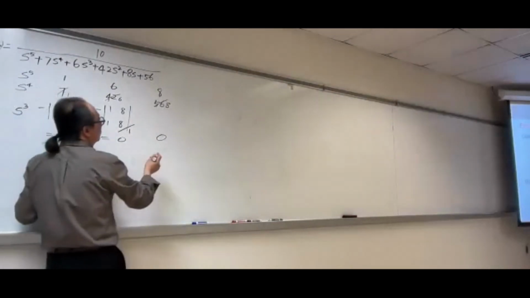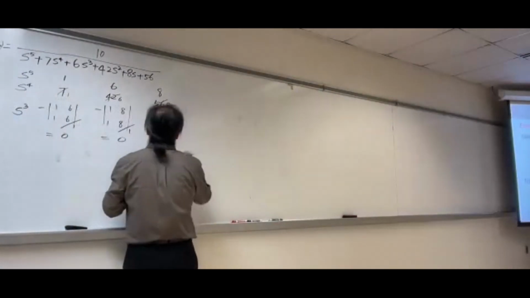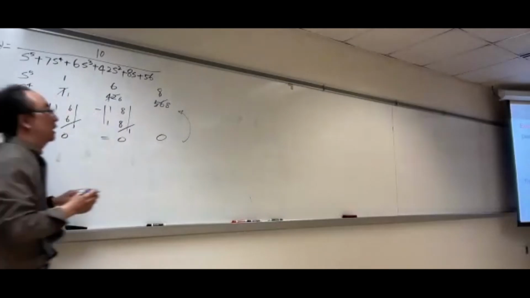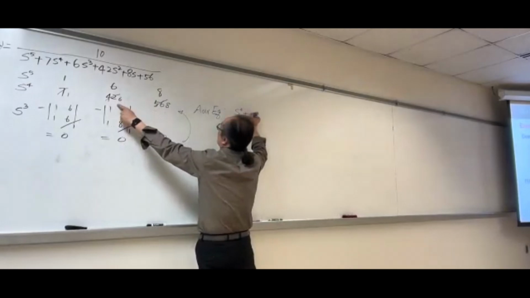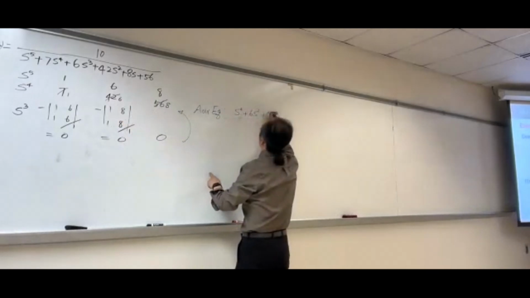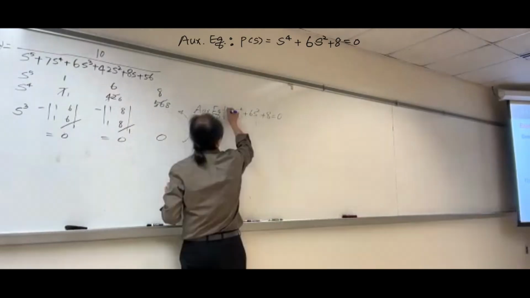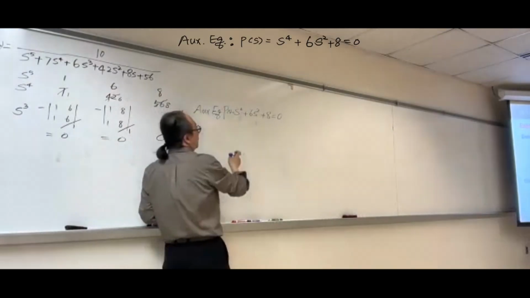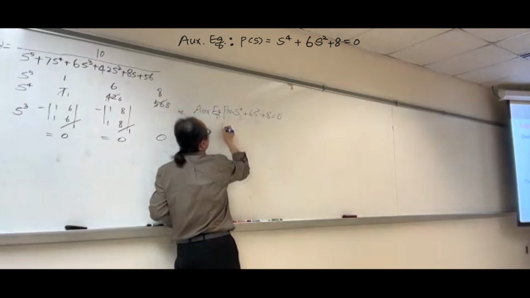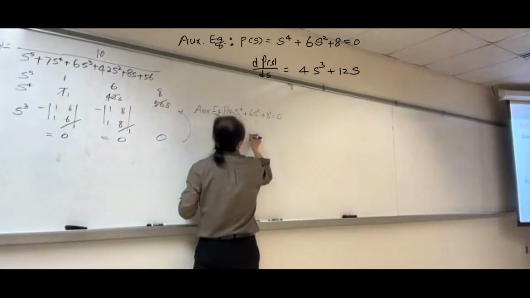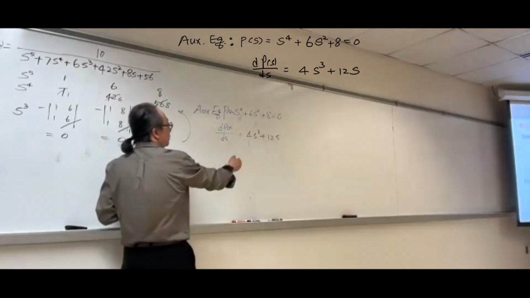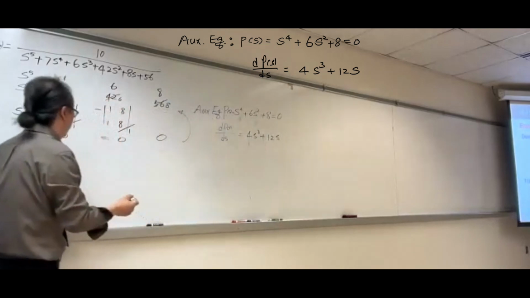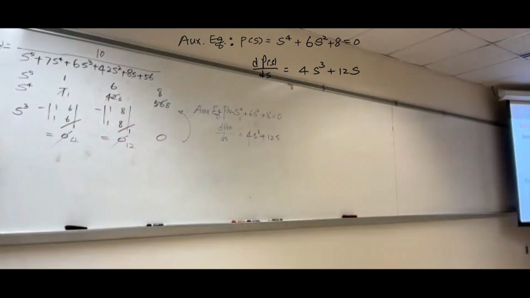Therefore, what we need to do is go look at one row up and find the auxiliary equation. That is s to the fourth plus 6s squared plus 8 equals 0. I'm going to call it P of s. And then we take the derivative of this, dP of s over ds. Then we have 4s cubed plus 12s. And now we use these numbers, 4 and 12, instead of 0, and we continue.